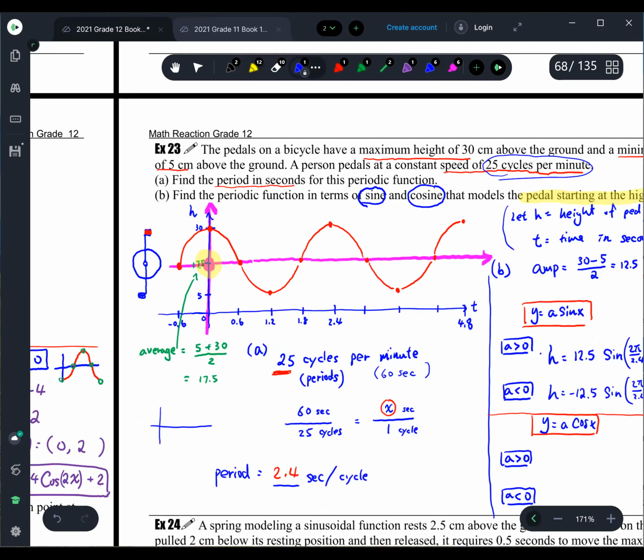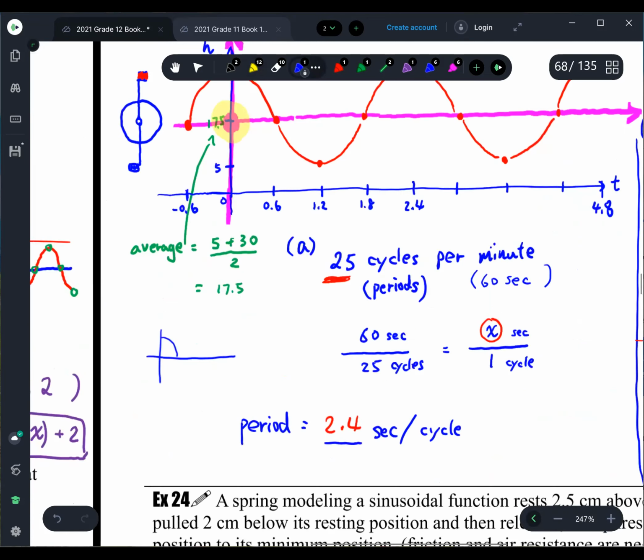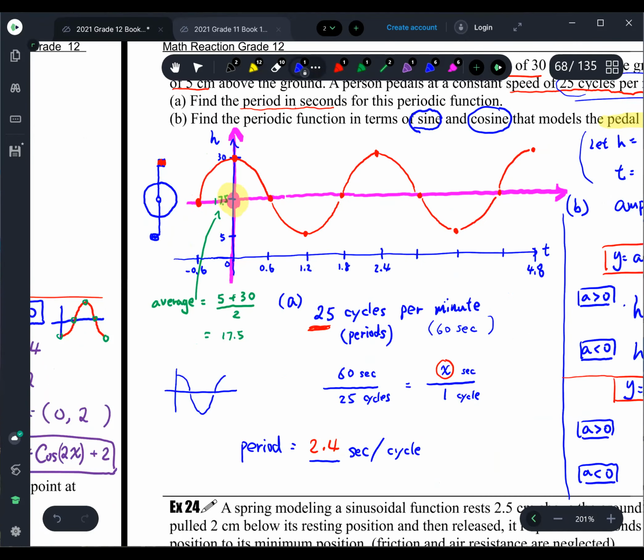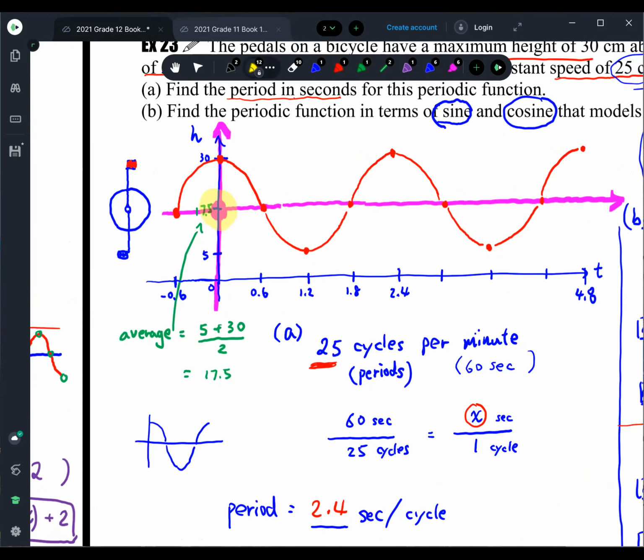It has to go down twice and then go up twice, right? So the part where it looks like that starts from here. Go down, go up, go up. So that's why it starts at 0, 17.5.